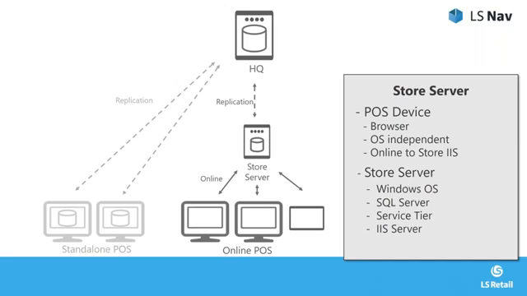The second option is to have a store server. A store server really takes the SQL and the service tier and IIS. And this, the word server, it's more like a good PC. So that's enough to run a store server. For example, the scenario on the left, let's say this is a store that has old POS hardware.